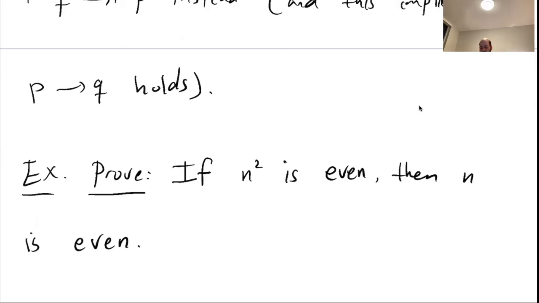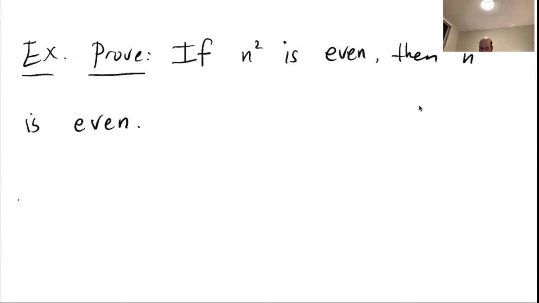Okay, so this is a statement we want to prove: if n squared is even, then n is even. So our first attempt would maybe be using direct proof, right? So let's see whether we can do it with direct proof.